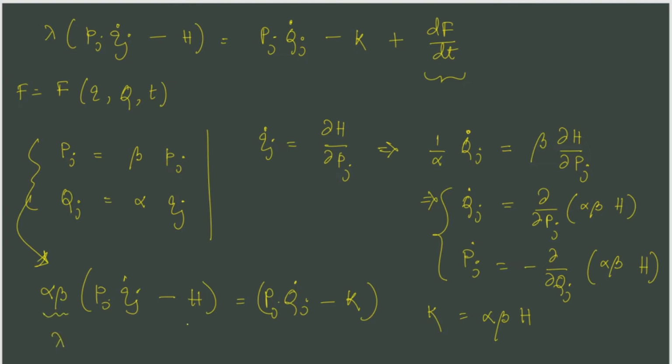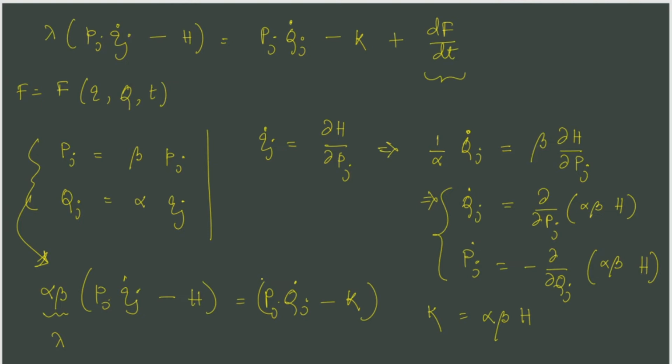Which means a simple scaling of the coordinates will always give you a new set of coordinates where the Hamiltonian simply gets scaled by the product of those scaling factors. So such transformations, where we are just multiplying individual coordinates or momenta by a factor, are called scale transformations.